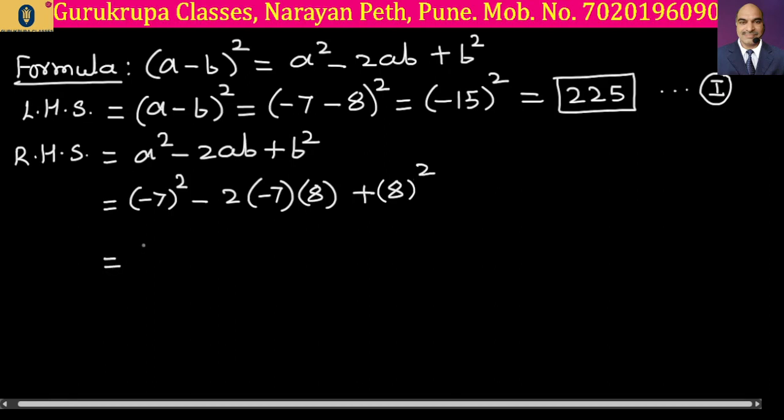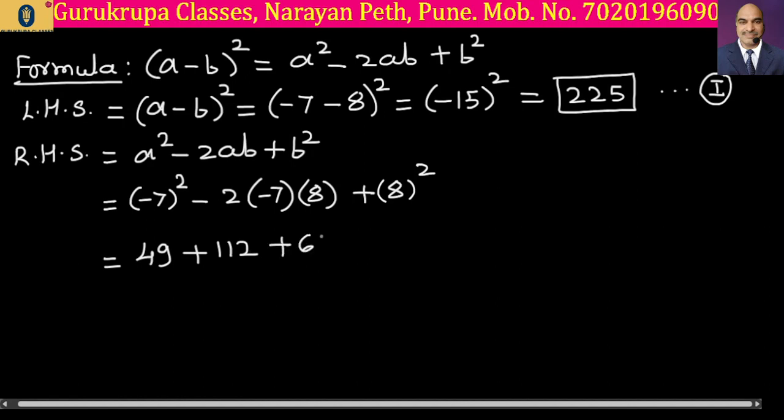Now square is always positive, so 7 square, whether it is positive or negative, is 49. Minus 7 square is also 49. Now minus 2 and minus 7, so minus into minus we get plus sign over here. Also 7 8s are 56, 56 2s are 112.